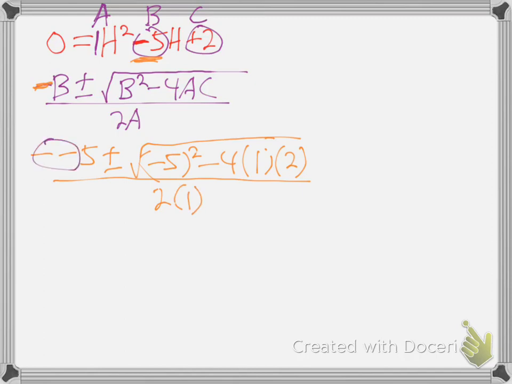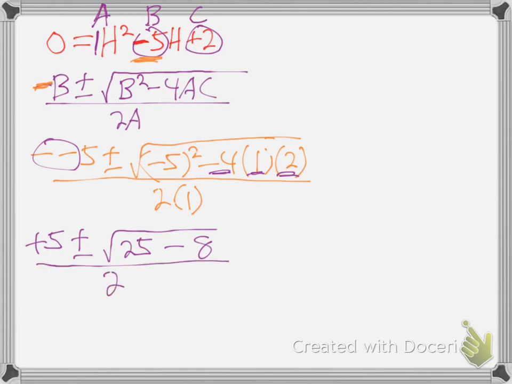Okay, 2 negatives, that's positive 5 plus or minus square root of 25 minus 4 times 1 times 2, minus 8, over 2. And so that is 5 plus or minus the square root of, what, 17, over 2?